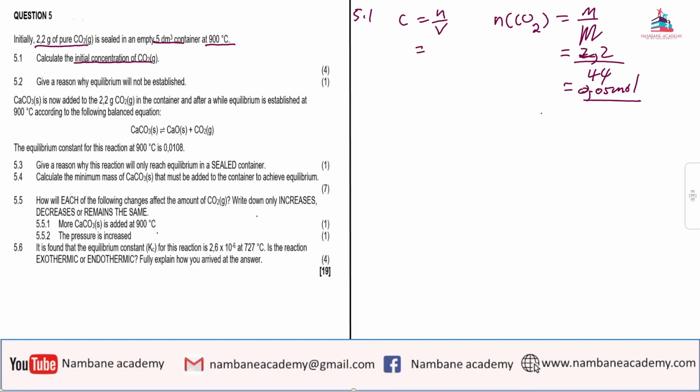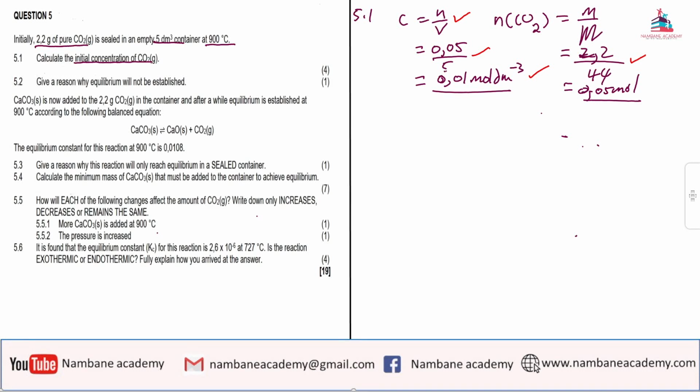Then it's easy to say this is 0.05 divided by 5. The volume is already in decimeter cubed. Then this will give me 0.01 mole per decimeter cubed. Then this will be the easiest 4 marks that you will get. You get 1 there, 1 for the formula, 1 here, and then 1 for the final answer.